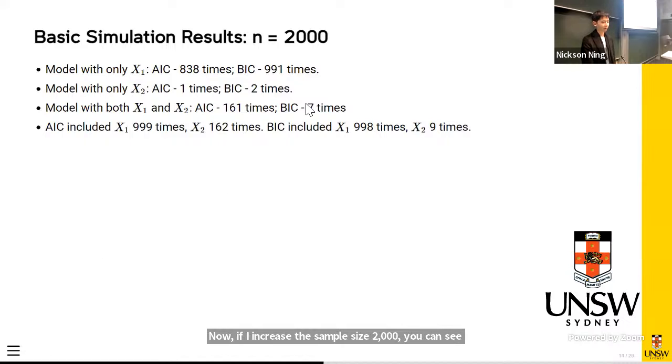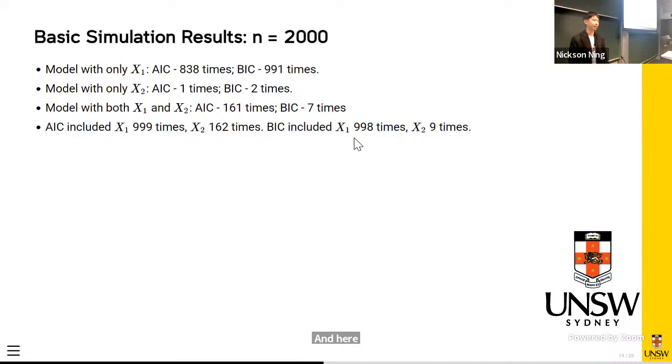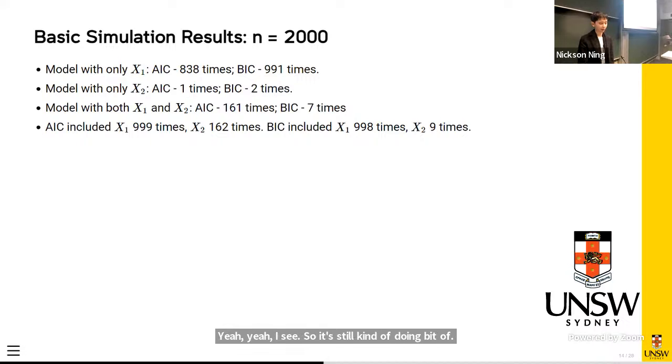As I increase the sample size further, BIC is including x2 barely any of the times, while AIC is still including x2 162 times. And no matter how much you increase your sample size, AIC is going to keep including x2 something around 15 or 16% of the time. And here still, AIC has included x1 one more time than BIC. So it's still doing better overall in prediction in that sense.